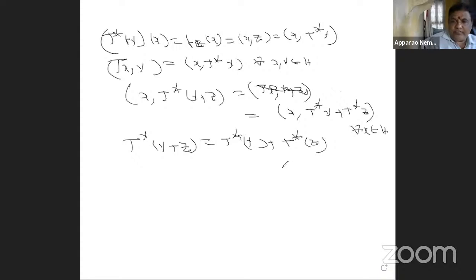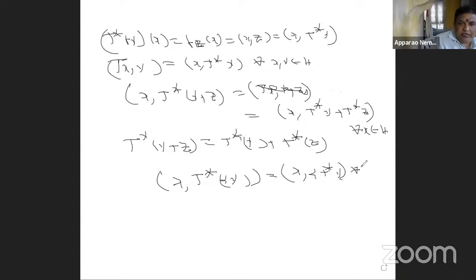Similarly, x comma T star of alpha y can be written as x comma alpha T star of y for all x belonging to H. Now it is clear.